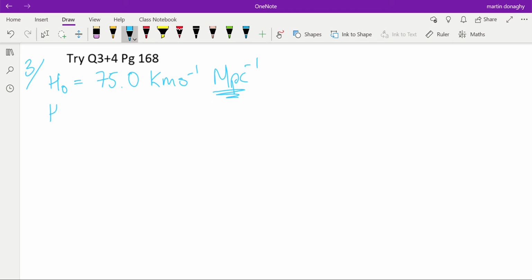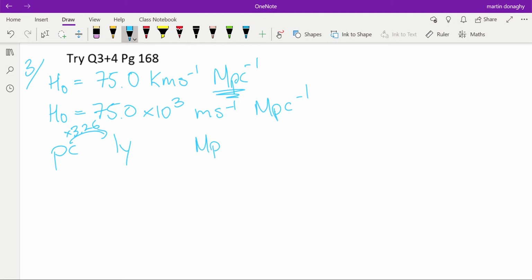The easiest thing to do is to get rid of that kilometers and just say this is 75.0 by 10 to the 3. Then we've got it in meters per second per megaparsec. And we're told from the question that to convert from parsecs to light years, you multiply by 3.26, which means then to get from megaparsecs to light years, you multiply by 3.26 by 10 to the 6.